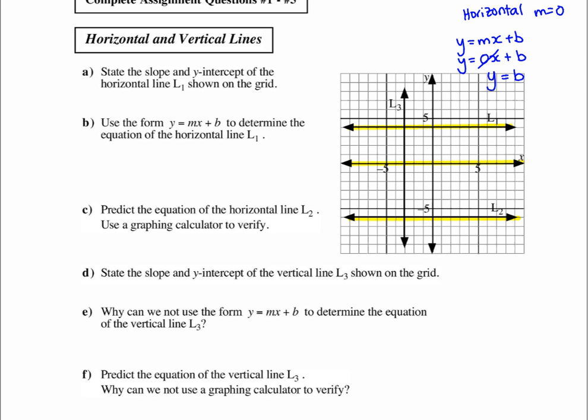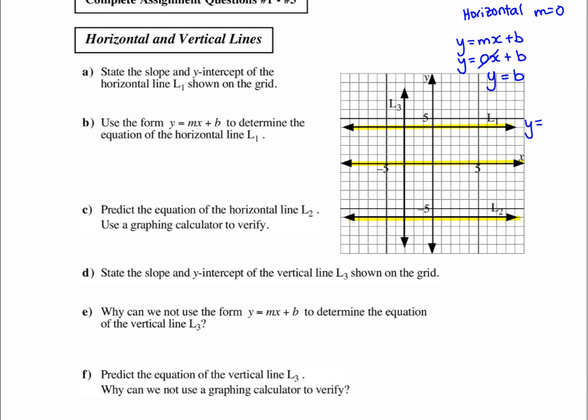So in the top line here, y is equal to what? What is y always, no matter what x is? What's the y-intercept on this line? It's kind of hard to see, but it's 4.